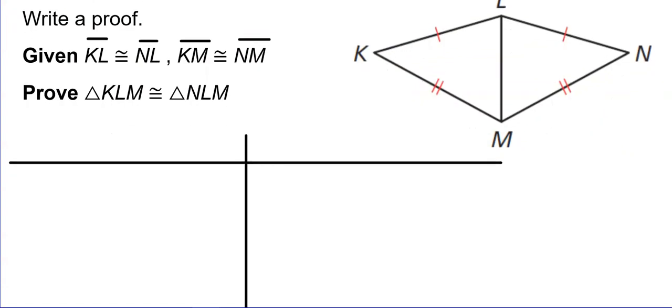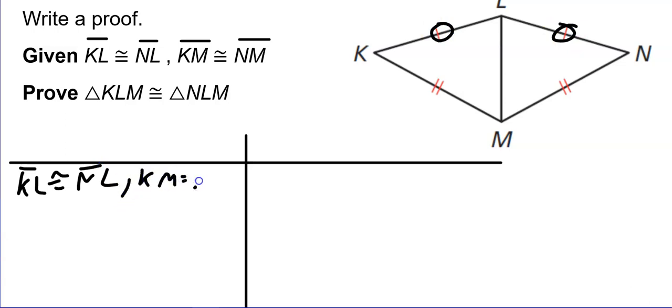All right, so what we are given here is that KL is congruent to NL, which is marked right here and right here. Then we are given KM is congruent to NM. We're given that right here and here, and we'll say we are given that.